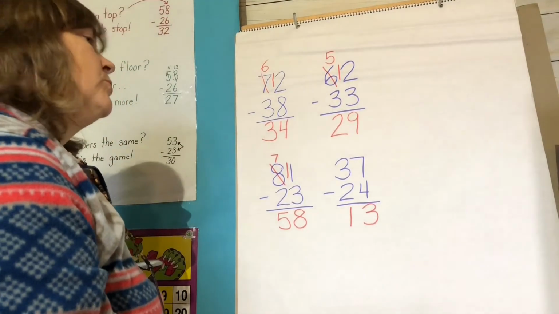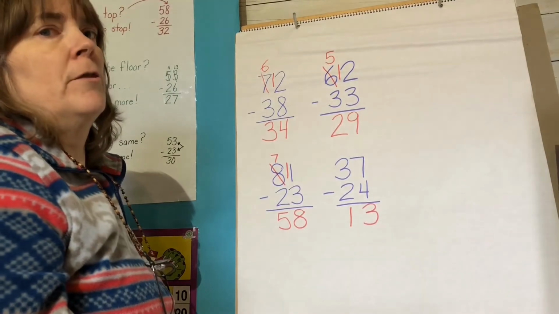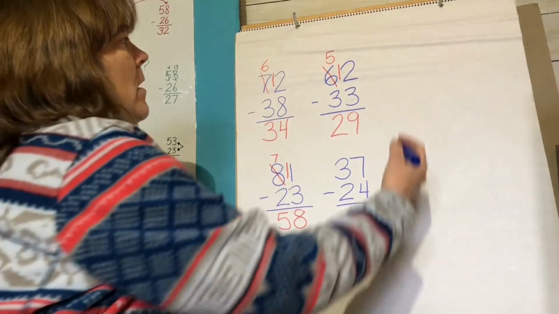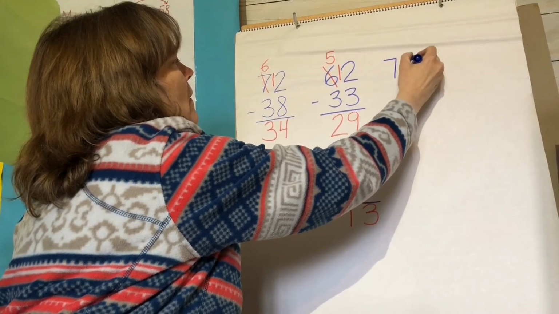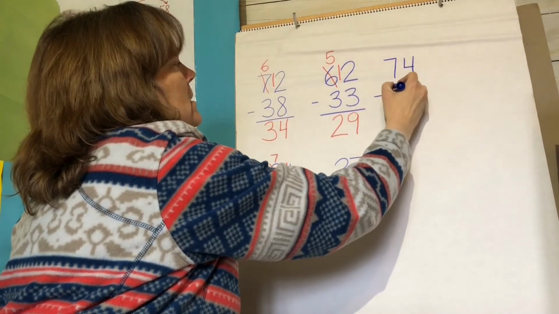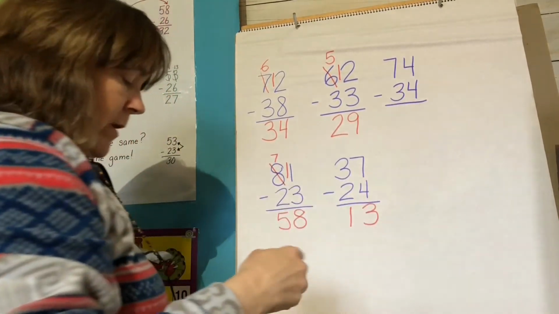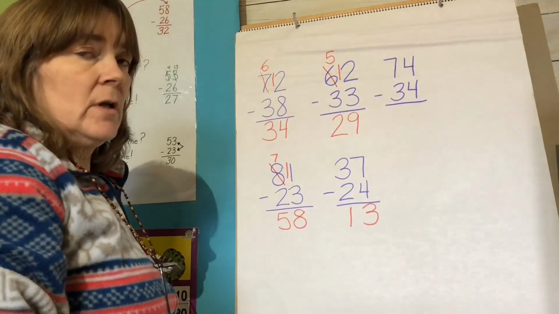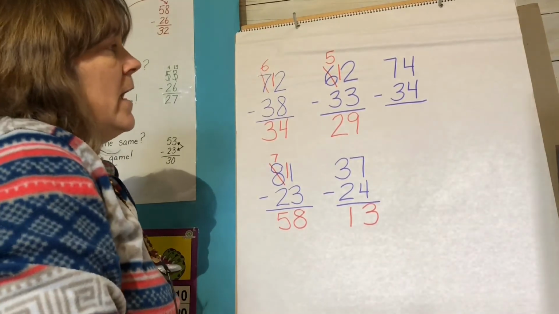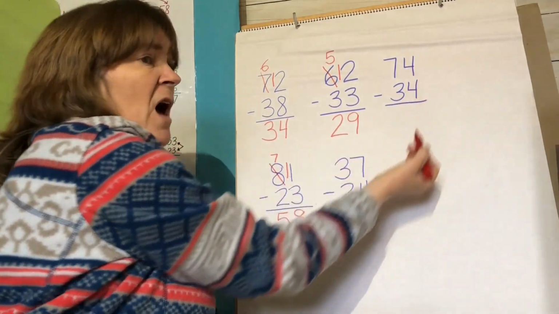Okay, I'm going to do like 2 more. And one of them, I want to do the third part of our poem. So I am going to write the number 74 minus 34. And when I have a multi-digit subtraction problem, I know that I'm going to start on the right and I'm going to compare those numbers. And when I look, is there more on the top?